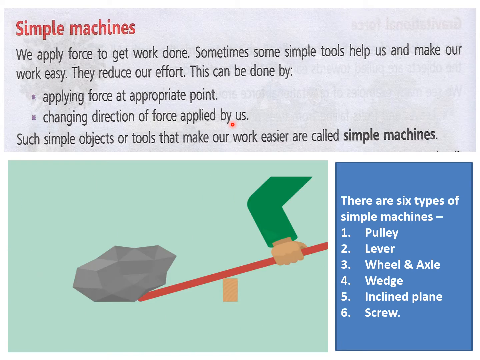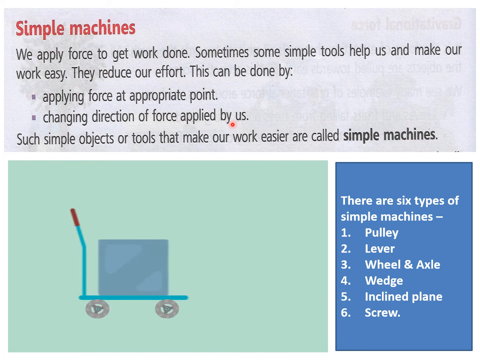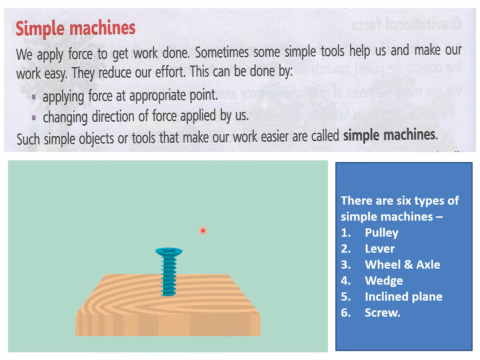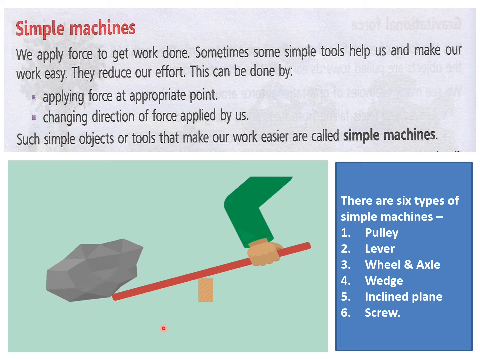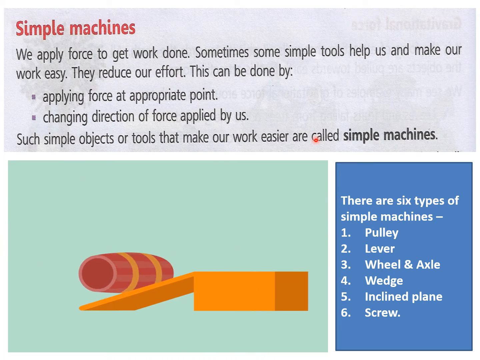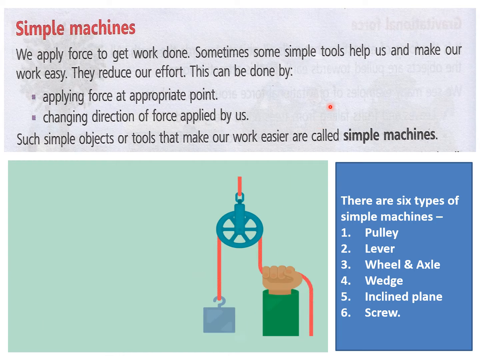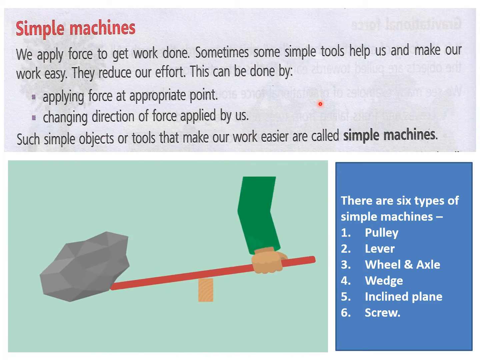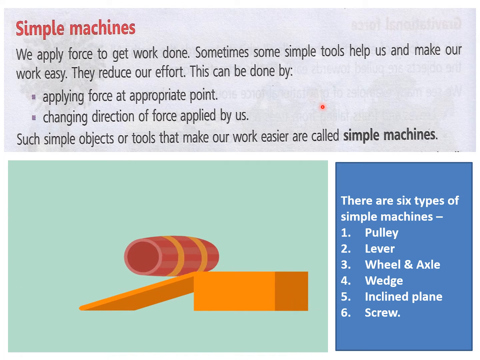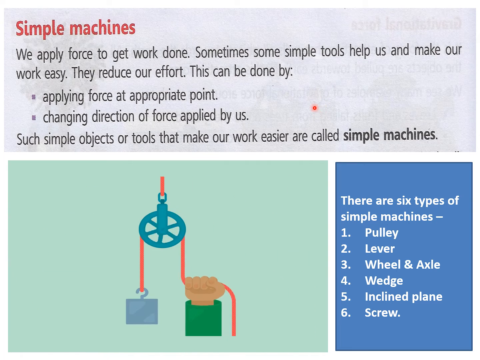But when we use a pulley, the rope goes above the pulley and then comes down like this. Now when you pull the rope down through the pulley, you are working towards the gravitational force. So your effort becomes easy and the bucket can easily come out of the well.